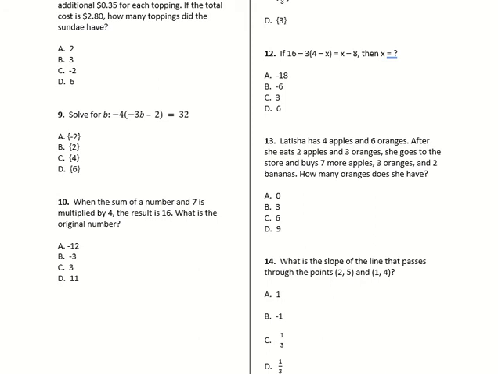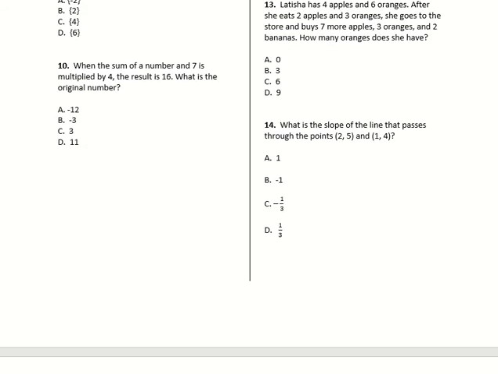13. Letitia has 4 apples and 6 oranges. After she eats 2 apples and 3 oranges, she goes to the store and buys 7 more apples, 3 oranges, and 2 bananas. How many oranges does she have? A, 0, B, 3, C, 6, D, 9. 14.